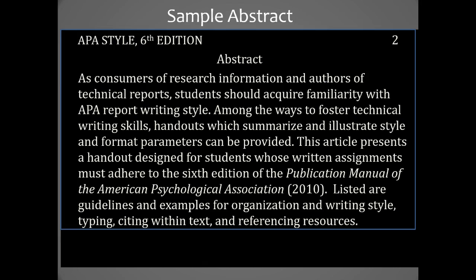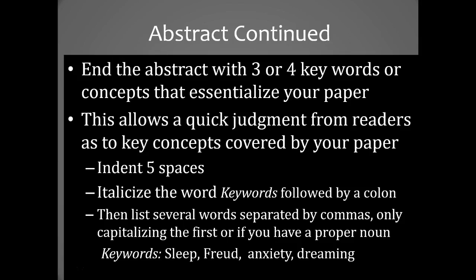Now we've already violated our rule about an in-text citation, but because this paper is specifically addressing the APA Manual 6th edition, you can see in the middle of our abstract that it simply says the 6th edition of the publication manual, and here we have an in-text citation. But this is a unique case in which our paper addresses one source, and certainly how do you summarize your paper if you don't say, hey, we're addressing this one source. So that's not the entire abstract, but that's what your abstract should look like.